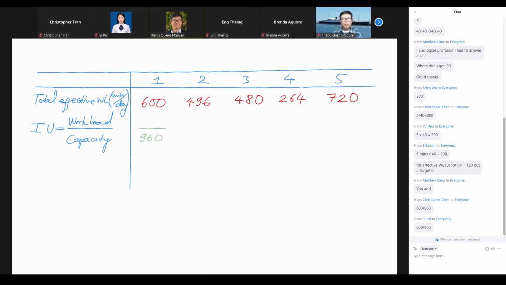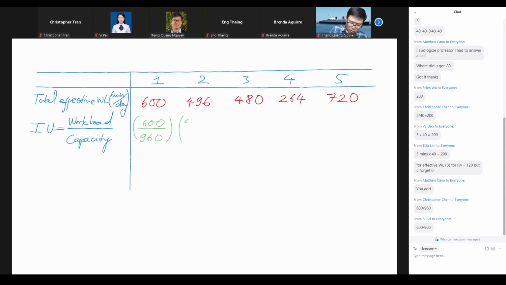And then the workers over there are required to work for 600 minutes. That's why we calculate the total effective workload, right? So we take the workload of 600 minutes divided by the capacity of 960. And then station number 2 is quite similar, right?